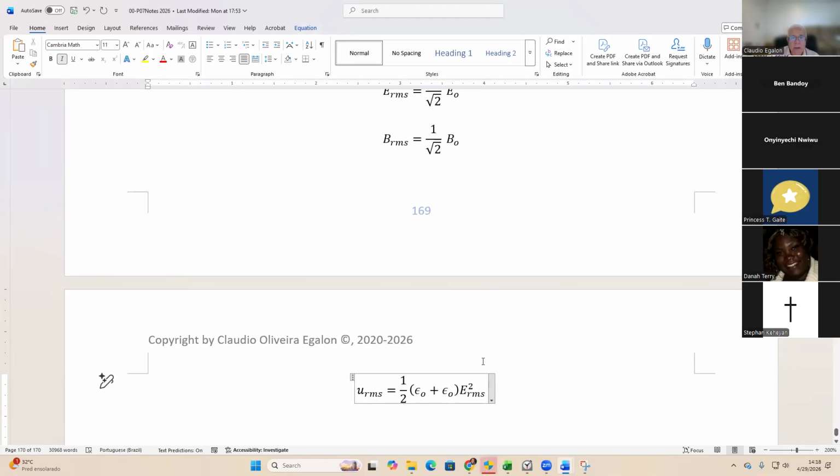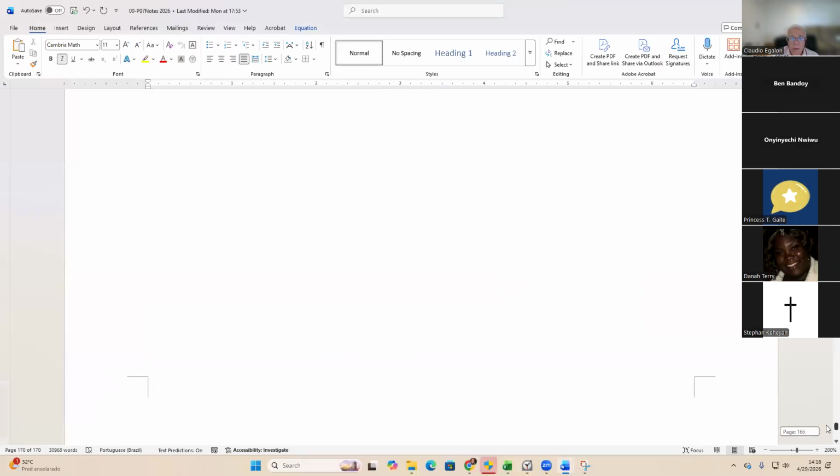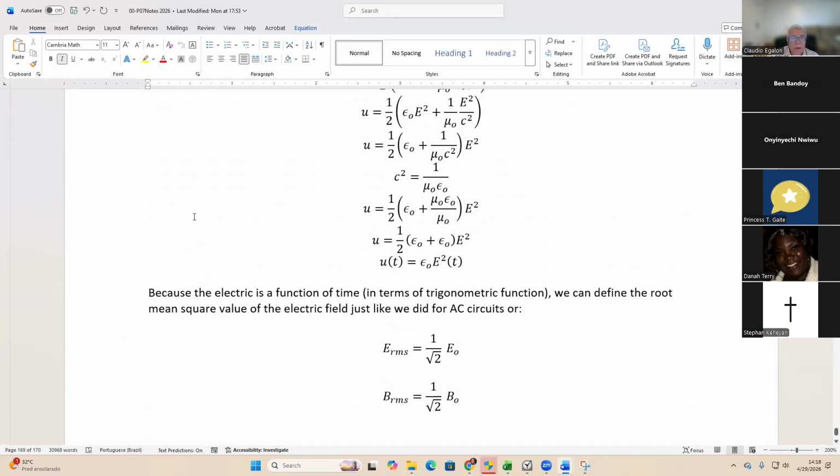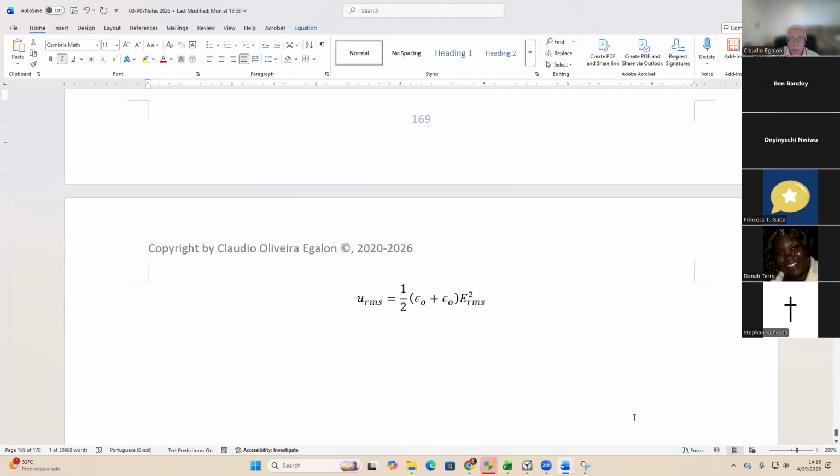Let's see here. I don't want that. I want the other one, this one here. Root mean square value.